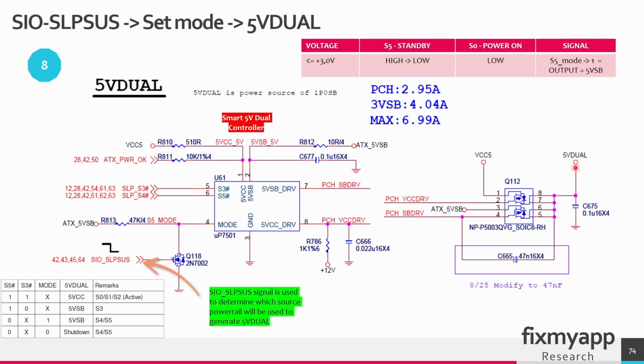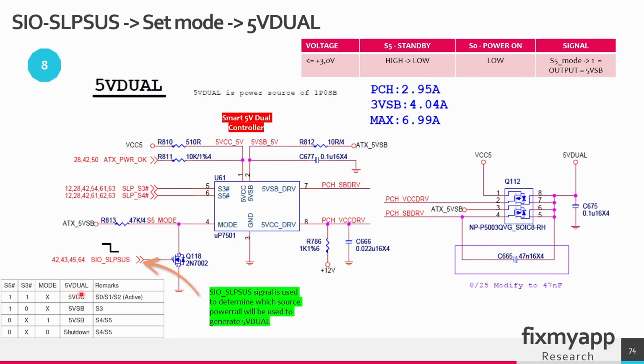And the source for this power rail can be derived from the 5 volt standby voltage, or when the ATX is powered on, it will get its 5 volt from the 5 VCC pin. Based on this enable signal and also the sleep mode S3 and S4, it will determine what the destination voltage will be.